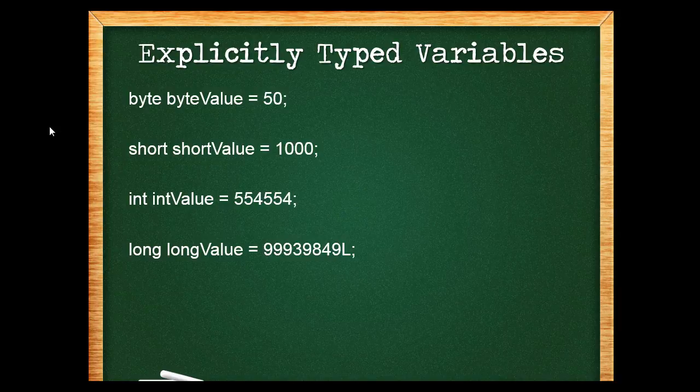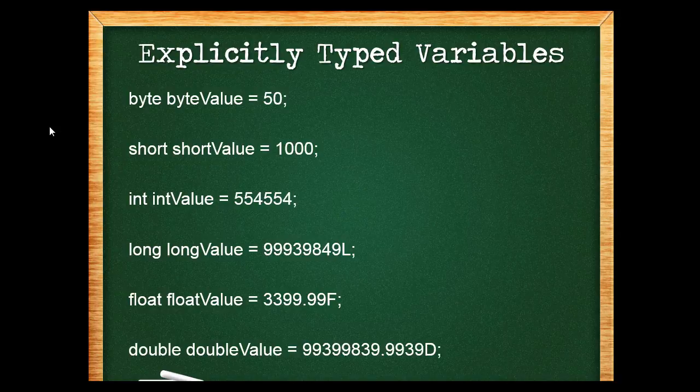Similarly, for float or single types we use a capital F at the end, and for a double type we use a capital D, to tell the C# compiler what we intend to store. Come, let's look at a similar demo here in our Visual Studio.